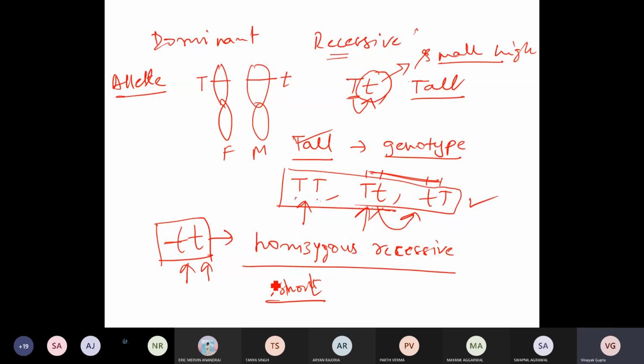For a person to be short, the person has to have homozygous recessive condition. He or she has to receive the allele responsible for the small height from both the parents. That is the meaning of recessive.